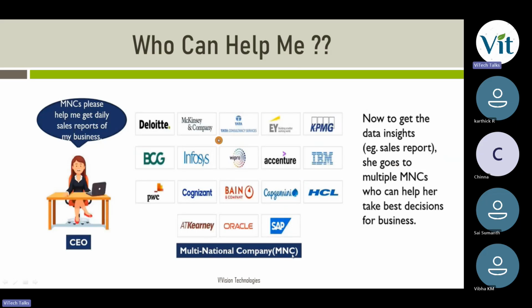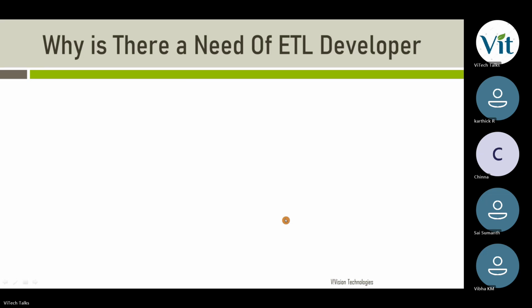These people will have a meeting with the CEO. Then they will plan for a bid. Who is going to resolve my problems, or who is going to provide the business ideas? In that bid, suppose some XYZ company wins the project, what will they do?